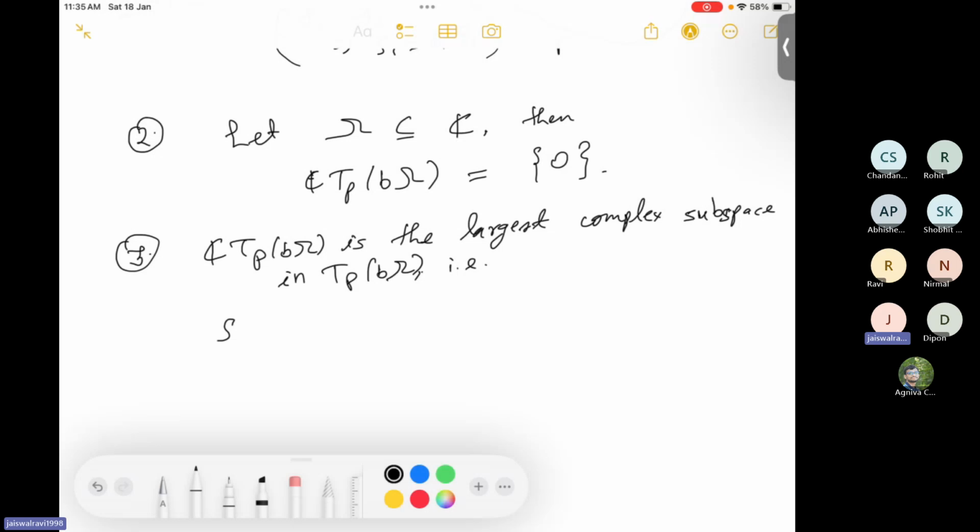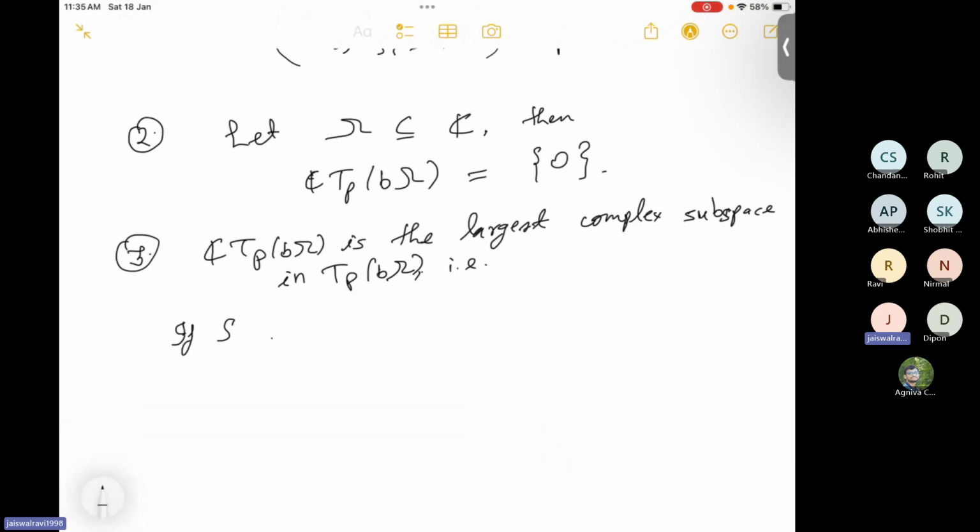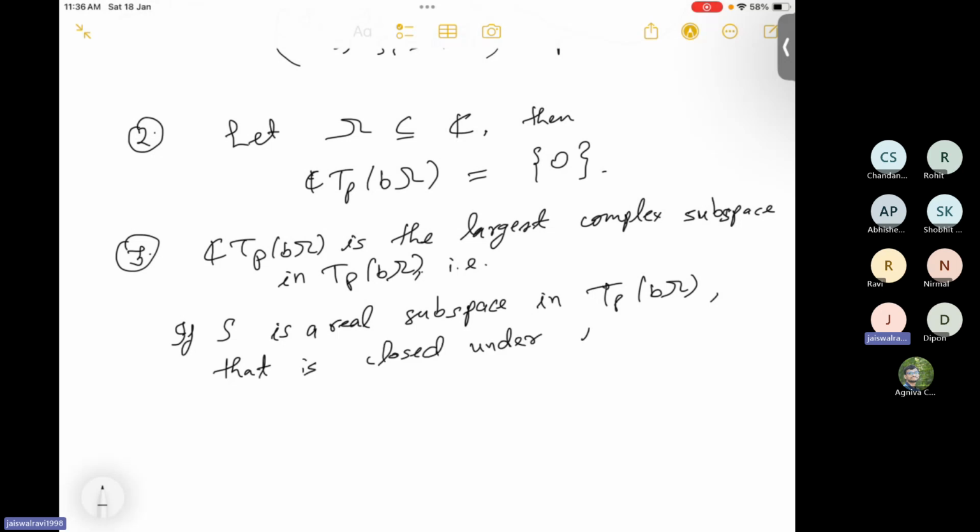Okay, let me rephrase the way I can write it. What I'm saying is that if S is a real subspace in T_P of boundary omega which is closed under i, then S is a subset of this complex tangent space.